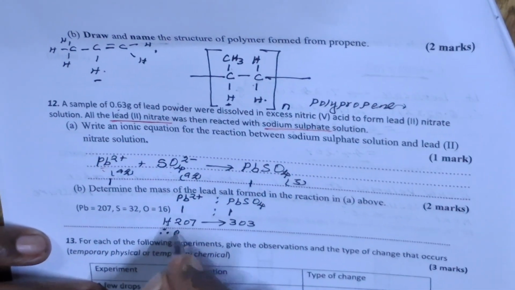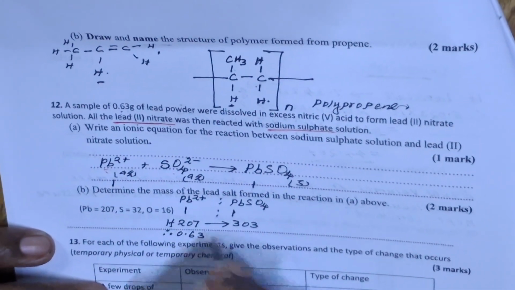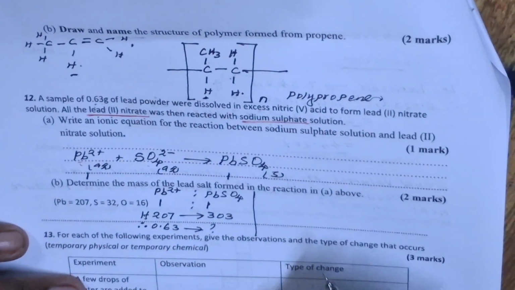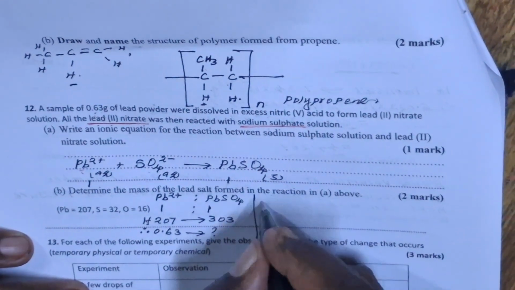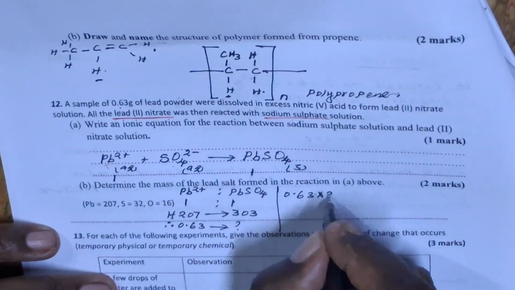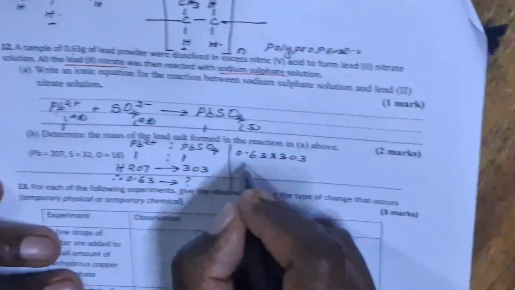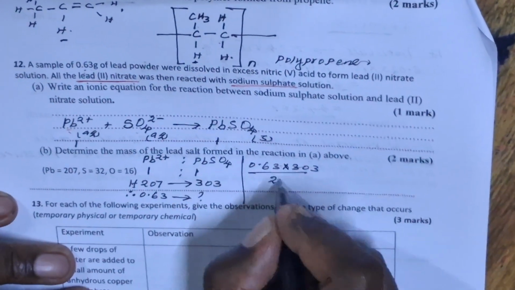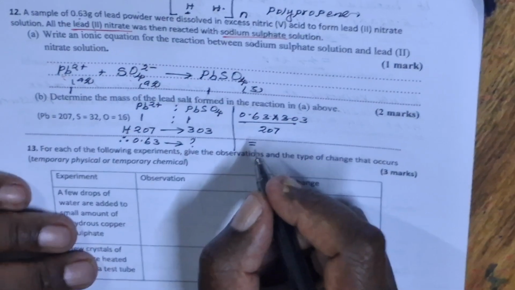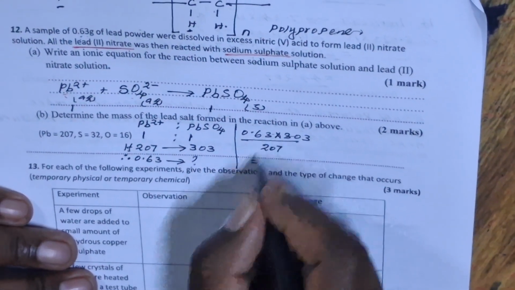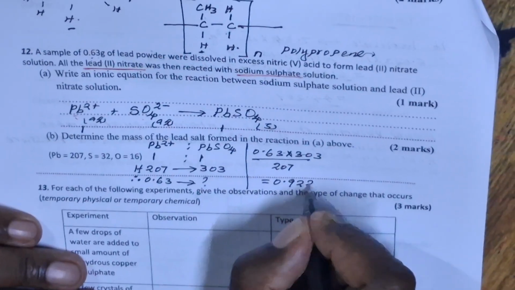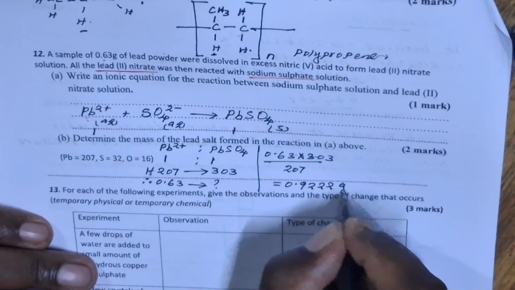Therefore 0.63 grams will give us how many grams? We do cross multiplication. So it will be 0.63 times 303, and then we divide by 207. When we work that out, we get 0.9222 grams.